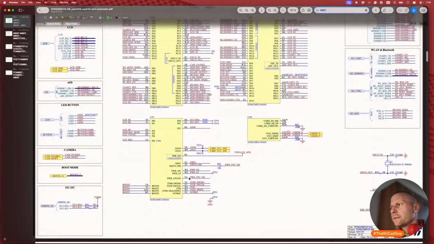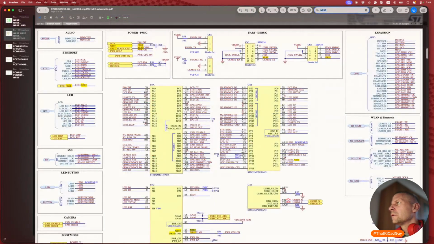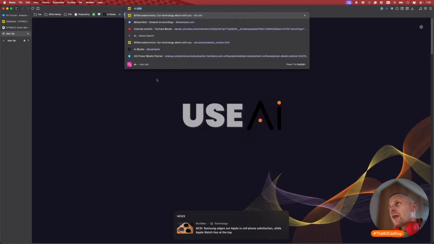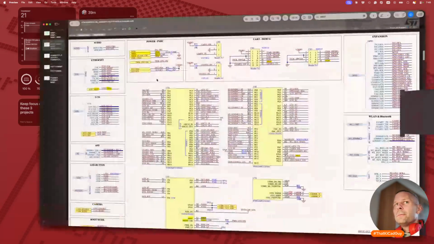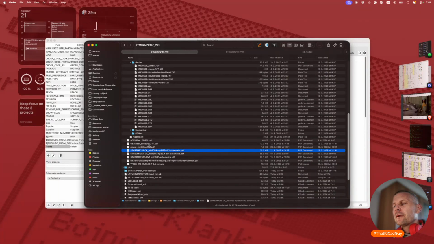And reset is here, and here is 10 nanofarads, and we can check maybe the datasheet.